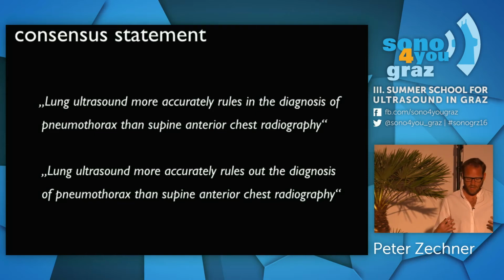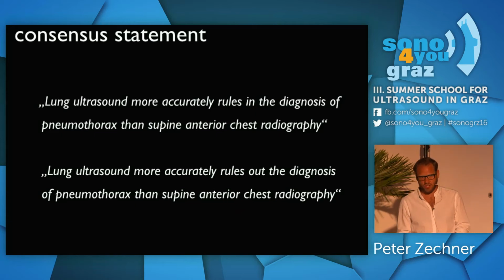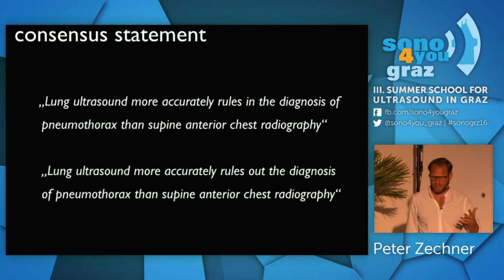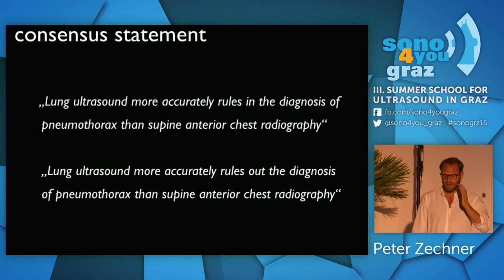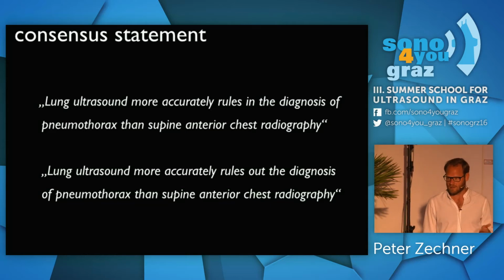So if we have a traumatized patient in a supine position, or a patient on the intensive care unit who is intubated and cannot stand up, for example, ultrasound is the method of choice, not chest X-ray. The advantage of ultrasound is also that I can do it immediately after the arrival of the patient, and I can repeat it as often as I want. Okay?